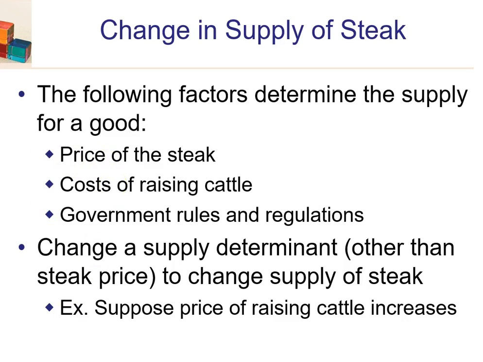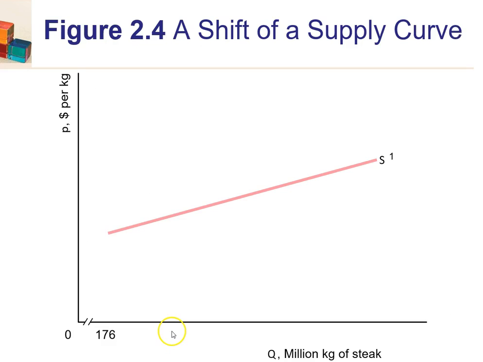So let's consider the scenario where the cost of raising cattle has increased. In this case, we will have an existing supply curve, S1, let's call it, and at that given price, 220 units are supplied. If the cost of raising cattle increases, we'll need to draw a new supply curve.